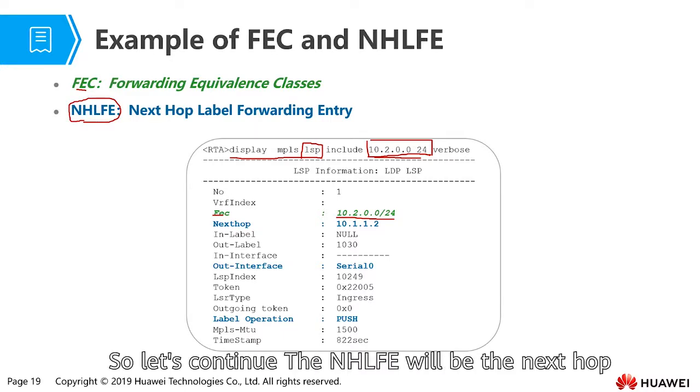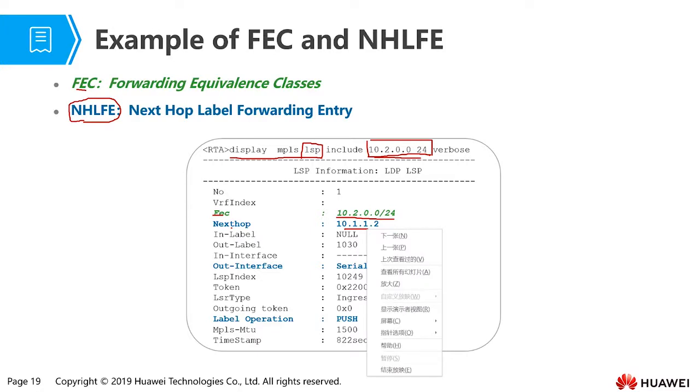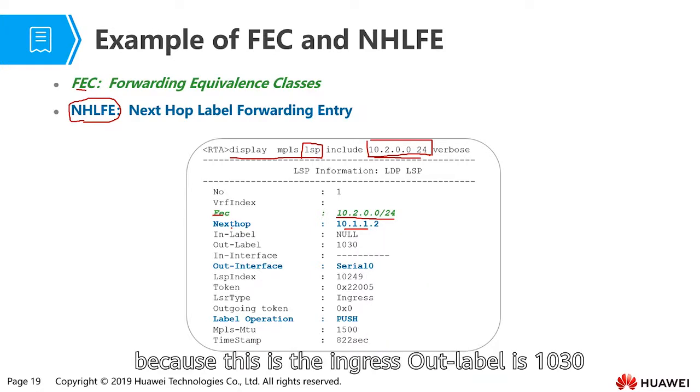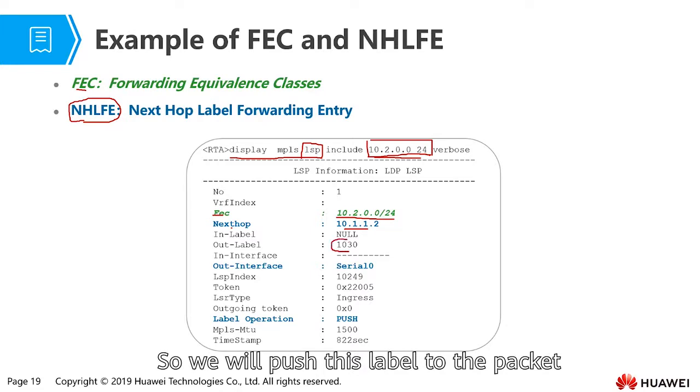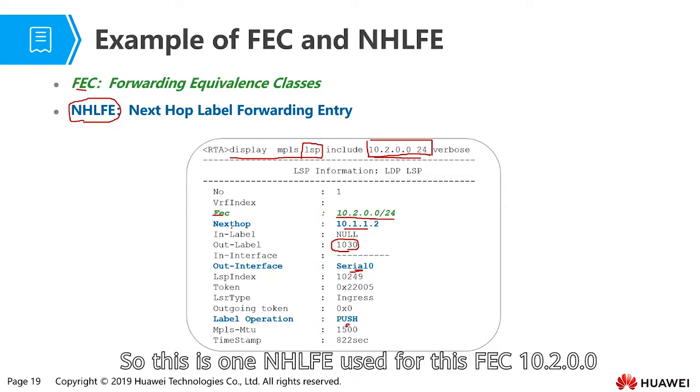The next hop is 10.1.1.2. The in label is none because this is the ingress. Out label is 1030, so we will push this label to the packet. Out interface 0/0, and the label operation is push. So this is one NHLFE used for this FEC 10.2.0.0.